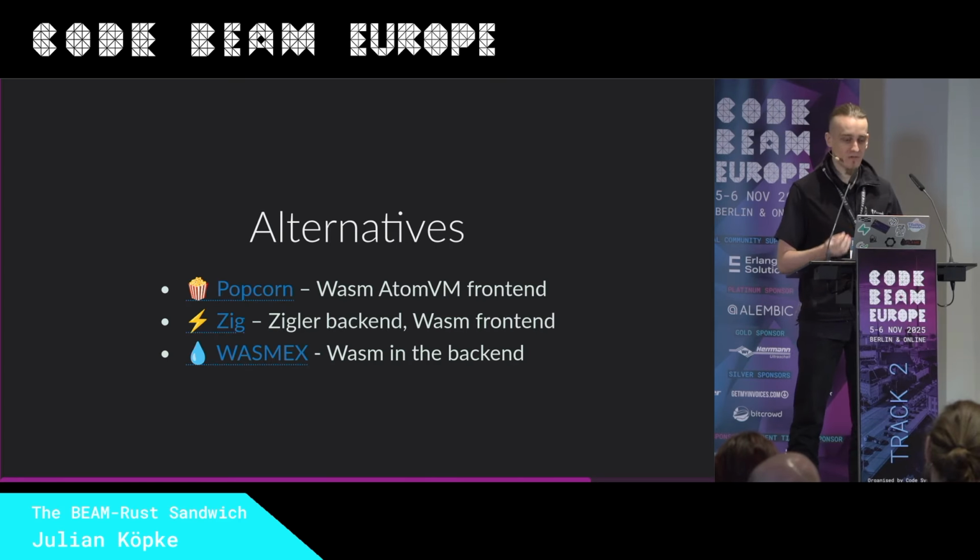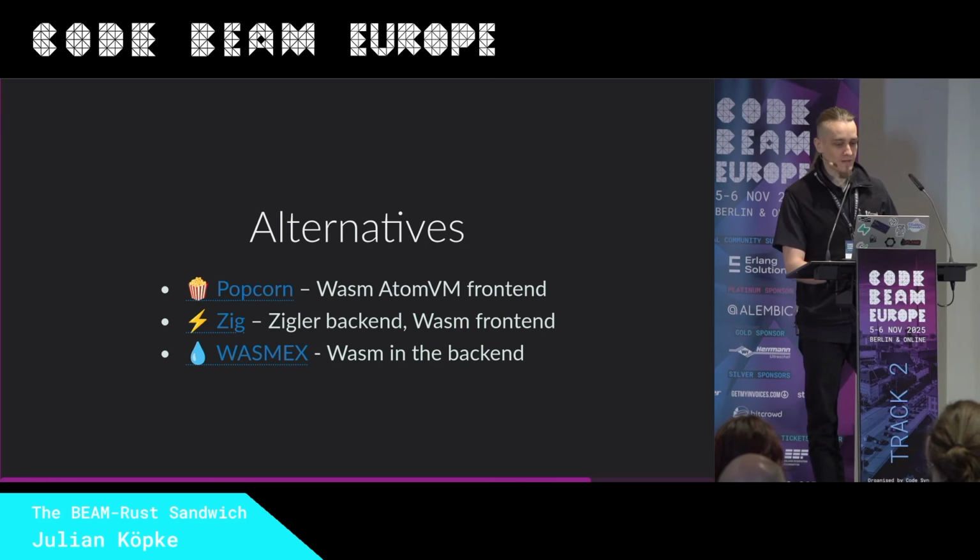So basically every language that compiles to WebAssembly, you can call from your Elixir backend by using Wasmex. This is an interesting approach. You will lose a bit of performance there, but you will also gain some portability, and it's definitely worth a look if you're interested in those things.